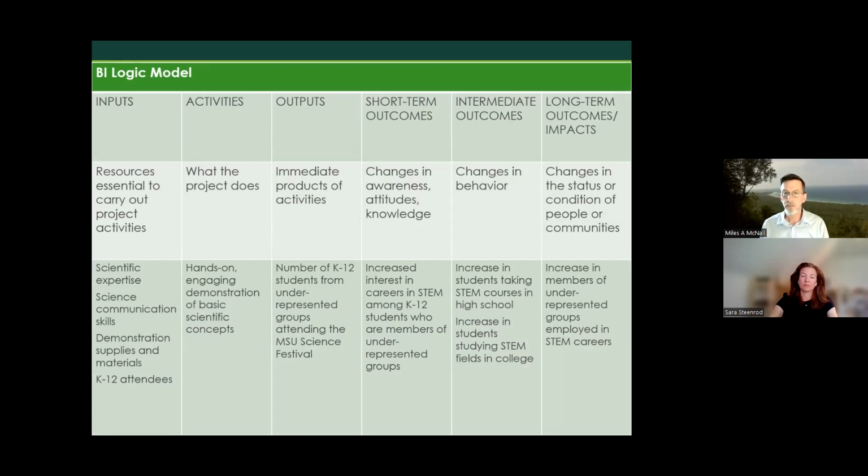And as a result of that, we hope then that they go back and they resolve to take more STEM courses in high school, that they participate in STEM majors in college. And ultimately, if everything goes correctly, we will see more members of underrepresented groups employed in STEM careers.